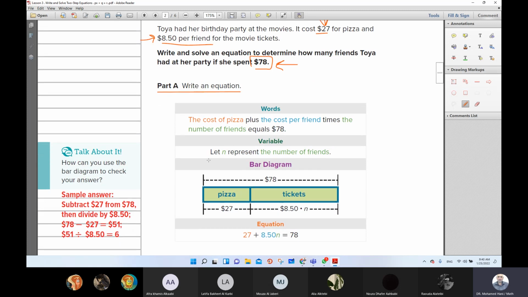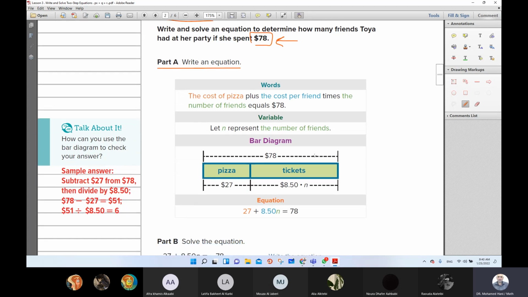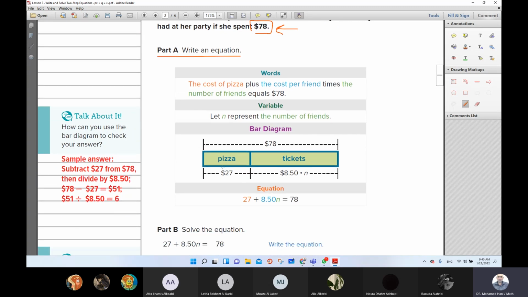So let n represent the number of friends. We have 27 for pizza, and we have 8.50 times the number of friends. This is the tickets, and the total will be equal to 78.